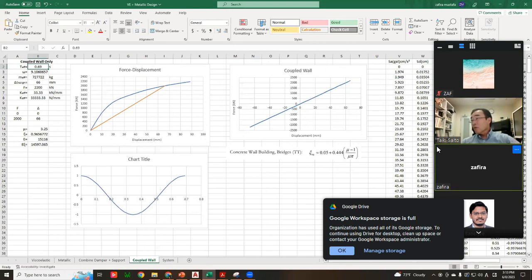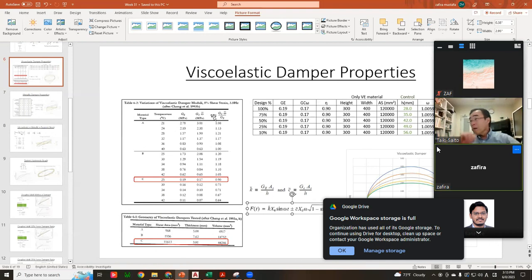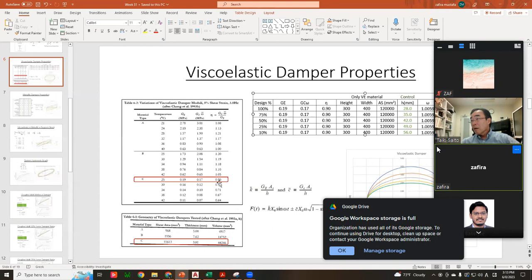This one, Sensei, is from here. So what is the meaning of this formula? This is the loss factor. I can understand this is the loss factor for these properties. I don't understand. What is the loss factor?